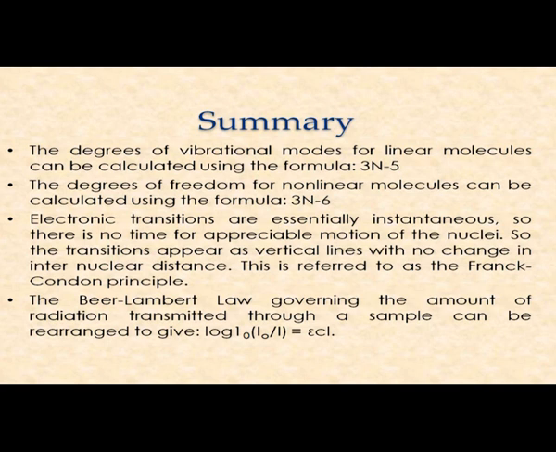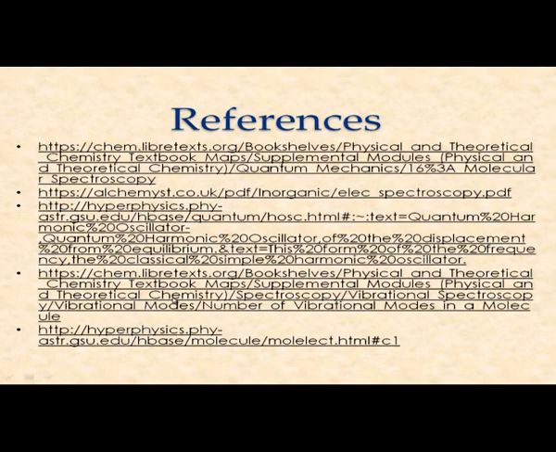The Beer-Lambert law governing the amount of radiation transmitted through a sample can be rearranged to give the absorption coefficient of the synthesized material or molecule. These are the concepts we learnt from this lecture. You can learn more about these concepts by referring to some of these websites and other websites available.